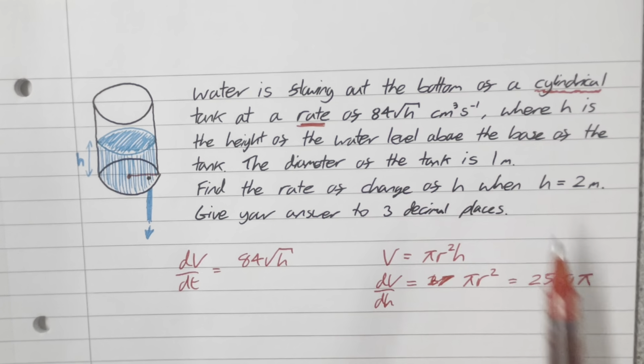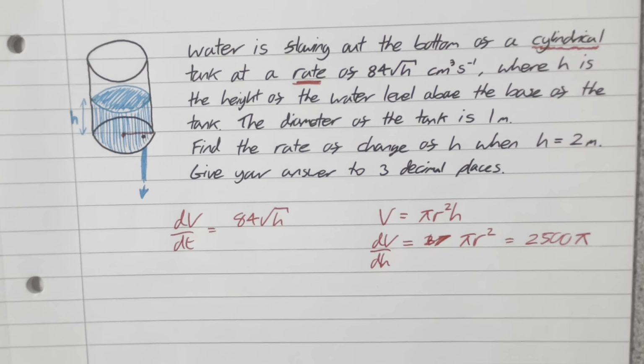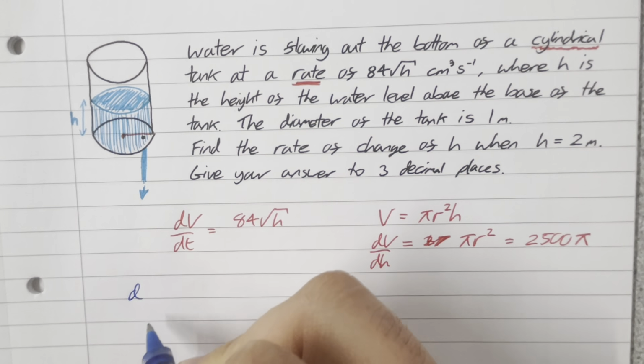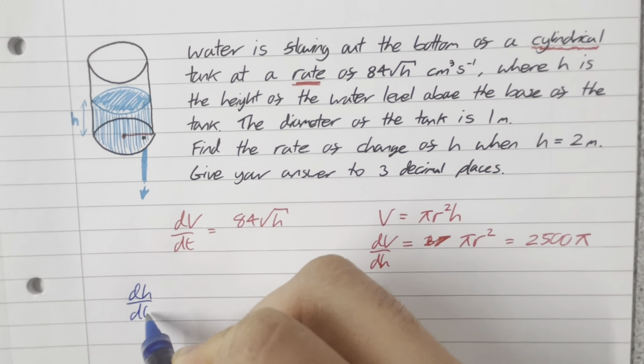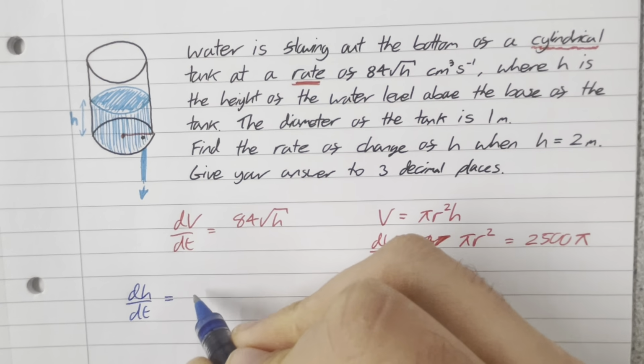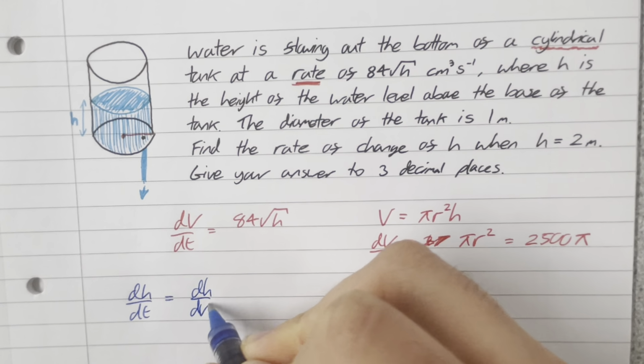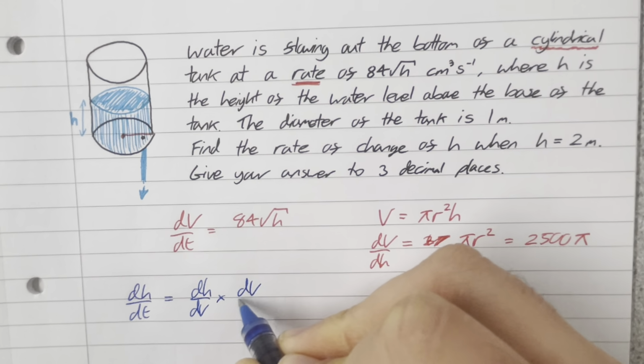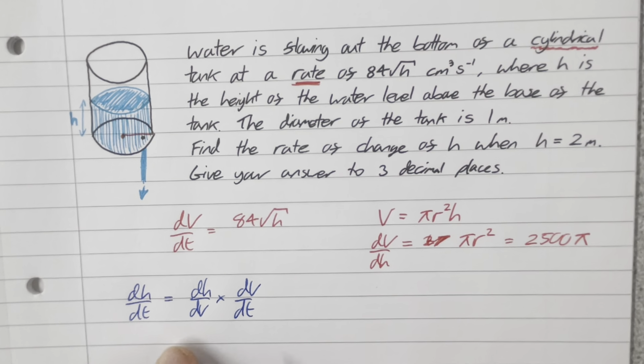Find the rate of change of h. So what the question is asking me to find is dh by dt, that's the rate of change of height, and that's going to equal dh by dV times dV by dt. Okay. And again, the dV's will cancel, we're left with dh by dt.